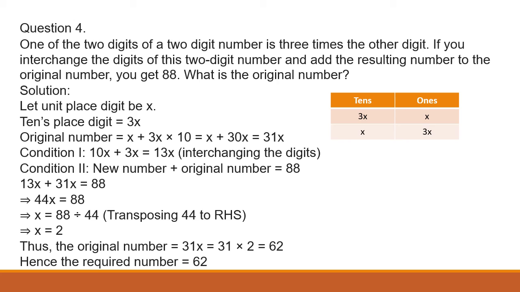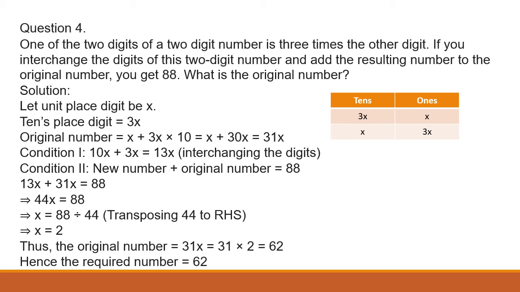What is the original number? The number is 31x. If we consider the digit in the ones place as x and the tens place as 3x, then the original number becomes x plus 3x into 10, x plus 3 tens are 30x, 1x plus 30x becomes 31x.